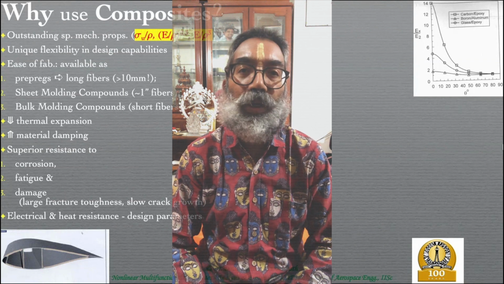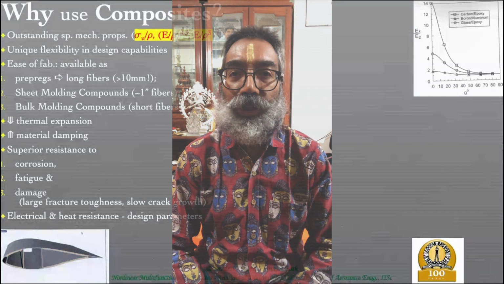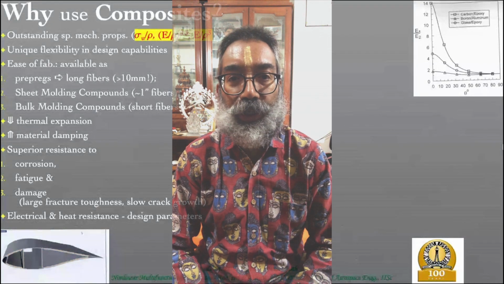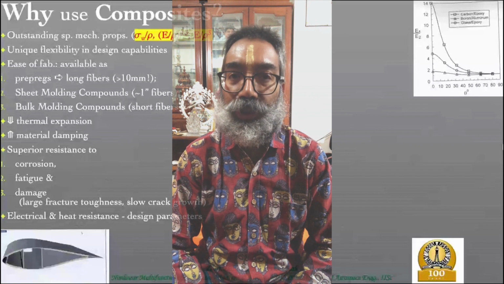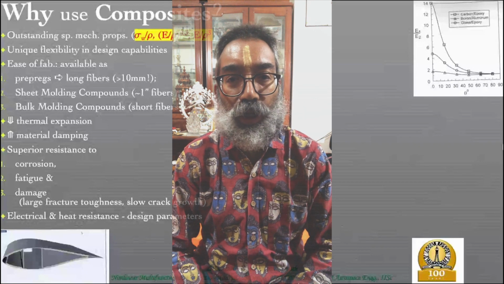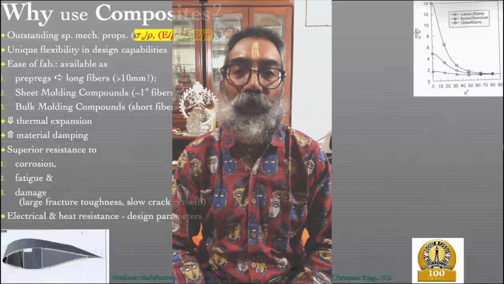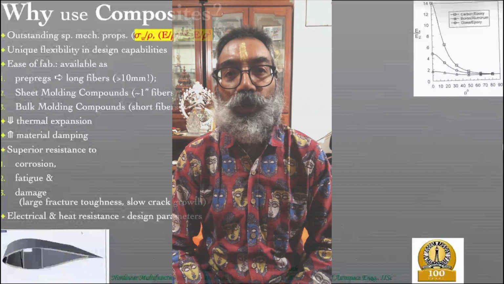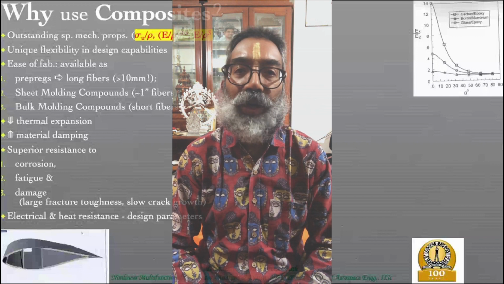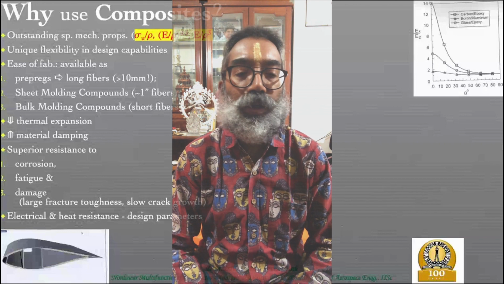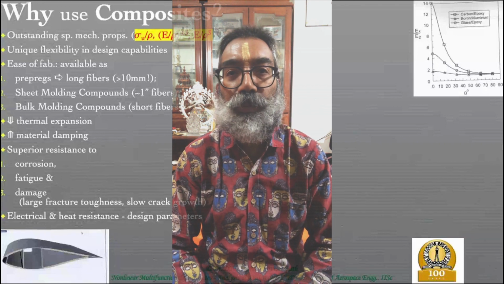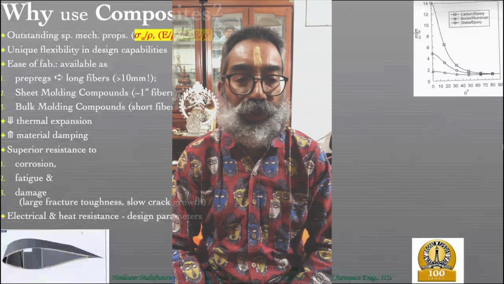And mostly we are talking about polymer matrix composites here, but it's important that composites are not restricted to polymer matrices, but also include ceramic and metal matrices as well. So some of those things, for example, for metal matrices would be very similar to metal behavior, and some of these advantages that we are mentioning may not carry over there.